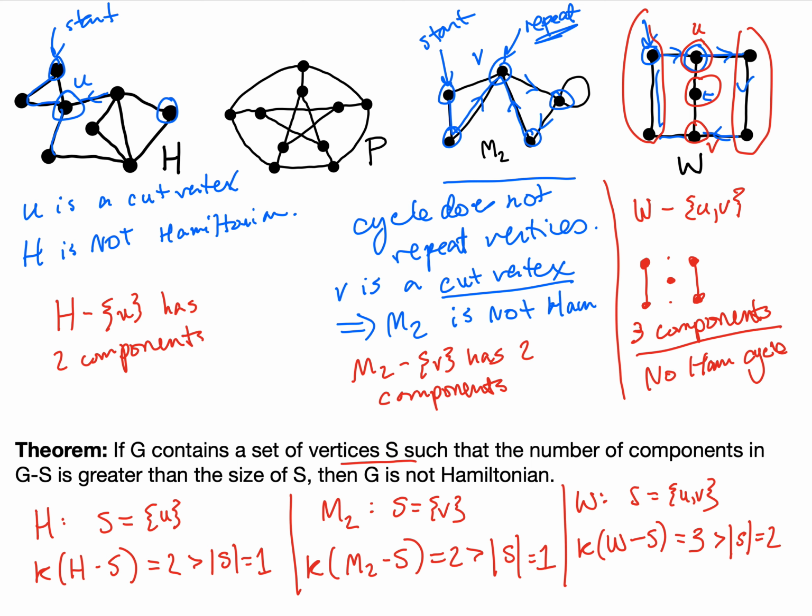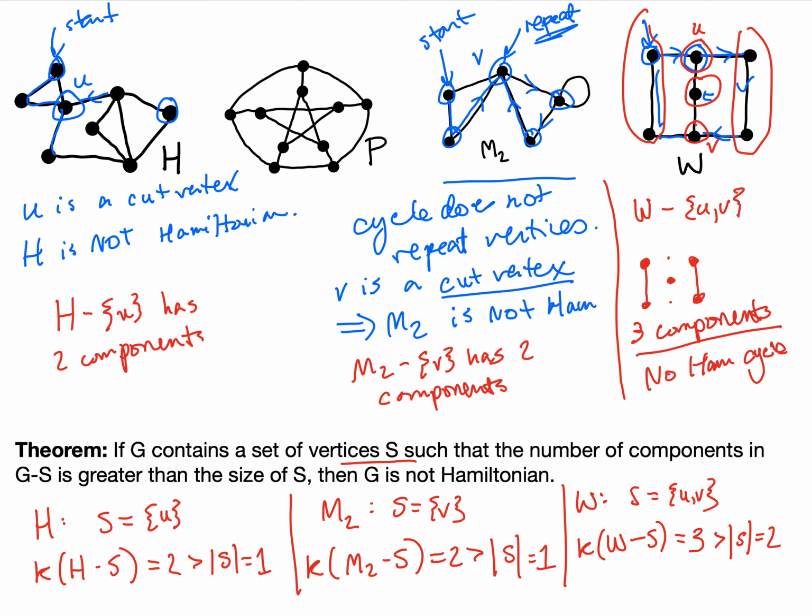Again, as an informal proof, the reason for this is that if we need to make a cycle that starts and ends at the same vertex and contains all vertices, this cannot be done when such a set S exists, because anytime we go from one component to another, we must move through one of the vertices in S, and the number of components that we move through is larger than the number of vertices that we can move through. So one of those vertices in S would need to be repeated if we tried to include every vertex.